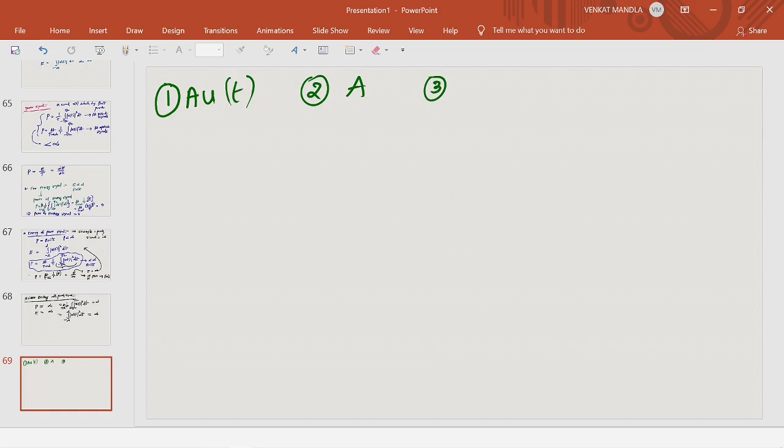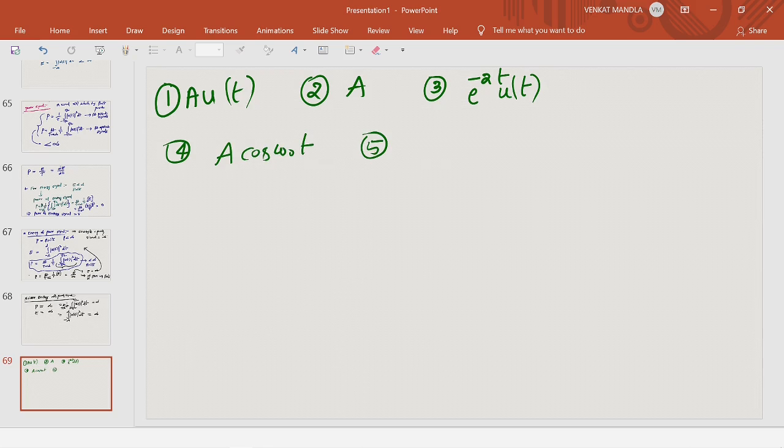Third one, e power minus 2t into u of t, an exponential signal. Fourth one, a cos omega naught t.